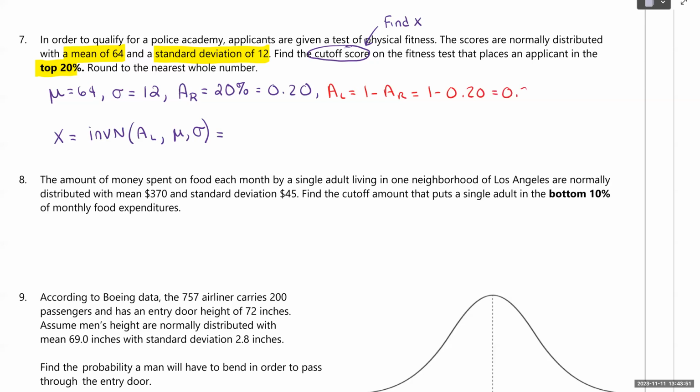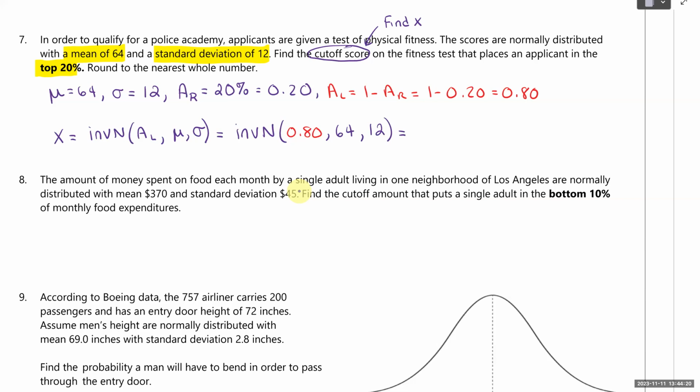And that's going to be 0.80. Now we can inverse norm. So inverse norm that area to the left. So don't inverse norm the 20% because that's the right area. So now we've got the left area, and then we put in our mu and our sigma.